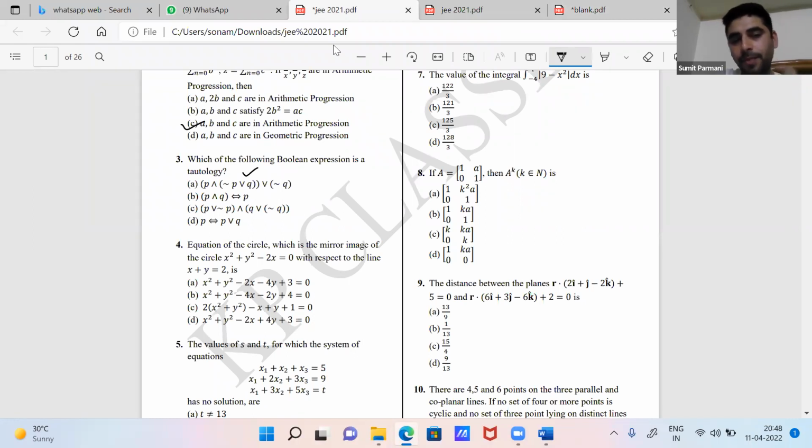So P implies double implication. For double implication, if both are false, then the result is true. If both are true, then the result is true.